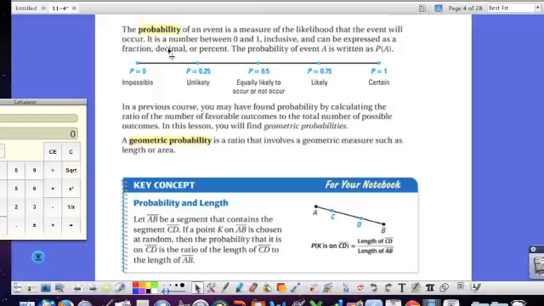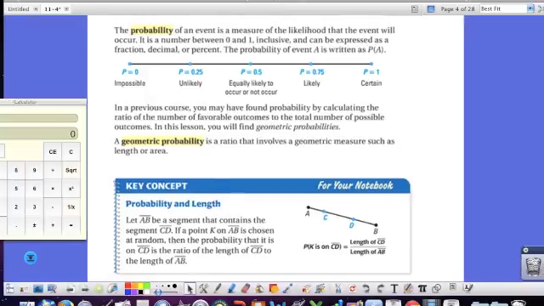So that's certain. It's impossible if it's 0. If you're at 50% or 0.5, you're equally likely to occur as not. It's a 50-50 chance.